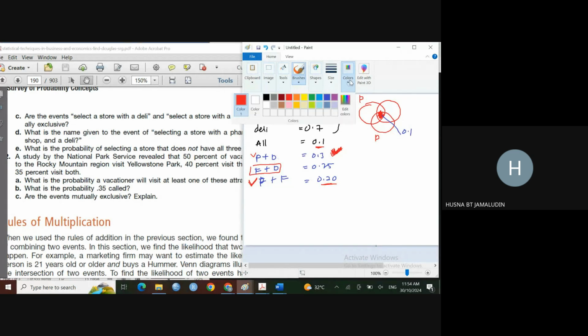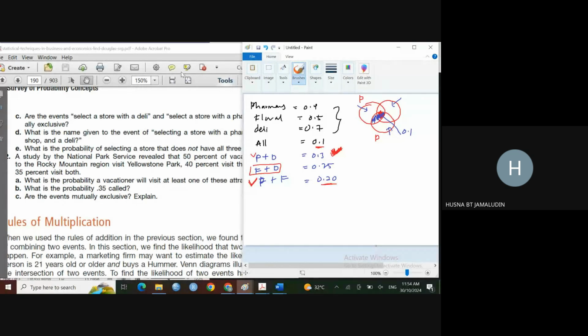Where is the overlap? The overlap will be somewhere here. If the question asks you to draw a Venn diagram, you should know where the overlapping part is, and the part which is not overlapping is here, here, and here.